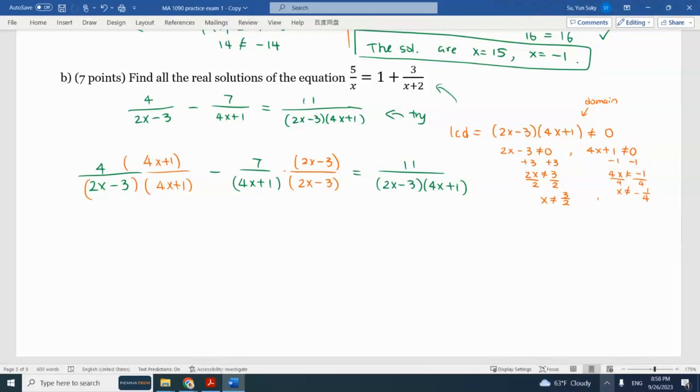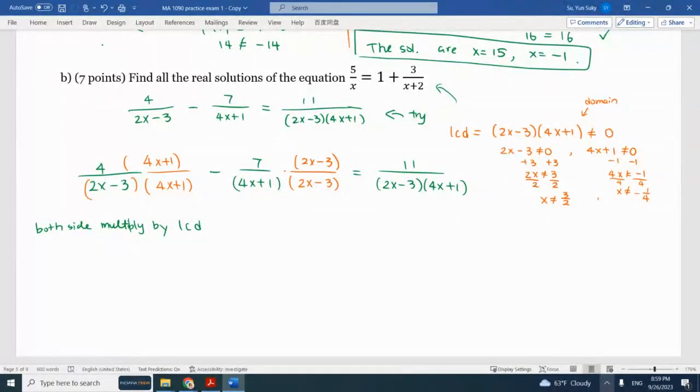Now both sides have the least common denominator, so you can multiply both sides by the least common denominator to get rid of all the denominators.